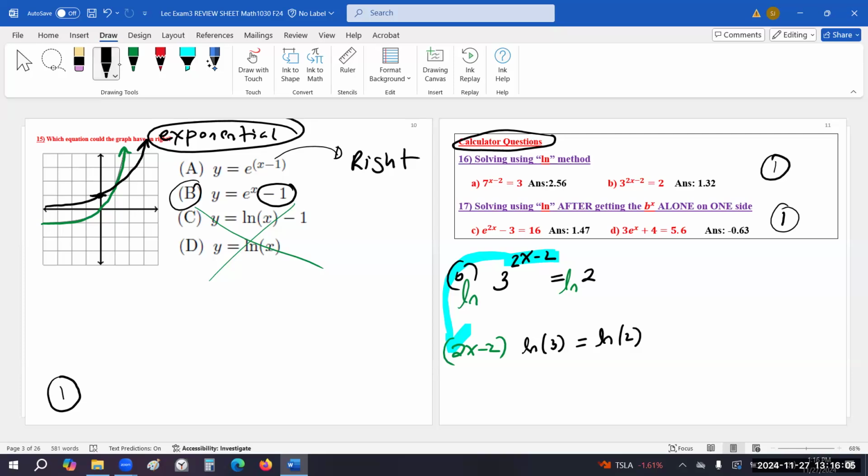Okay. So what do we do to get our x alone? We have so many things next to x. So the first thing we do is we get rid of the ln.